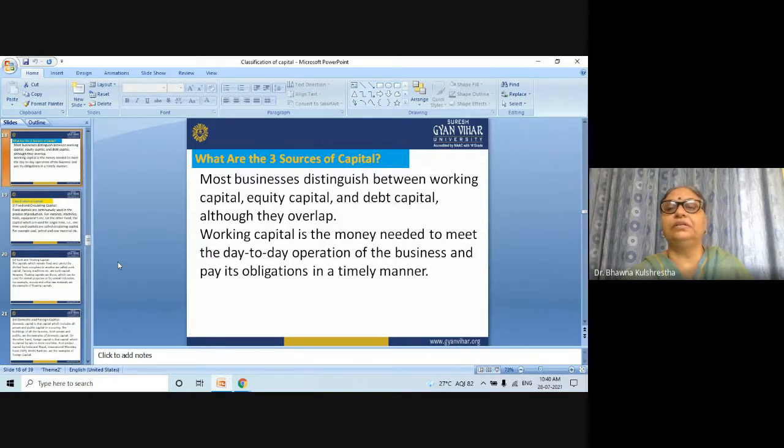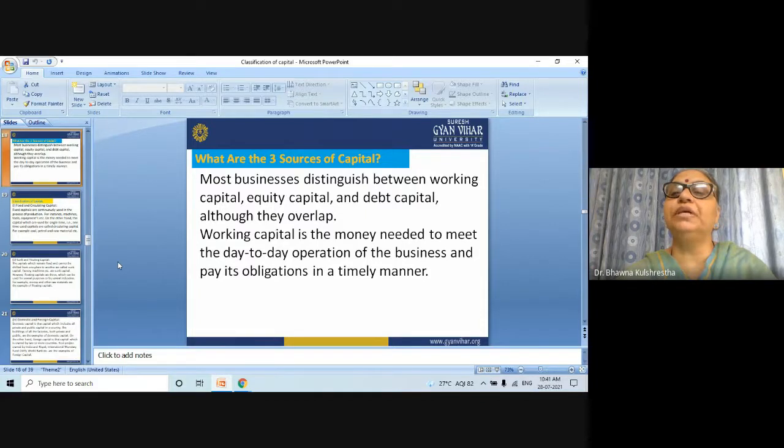And equity capital is raised by issuing shares in the company, publicly or privately, and is used to fund the expansion of the business.